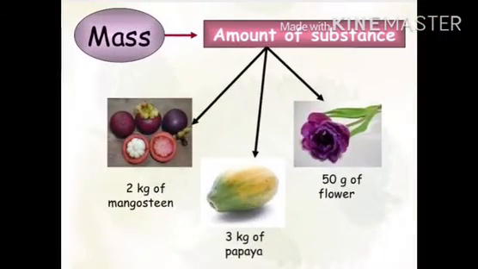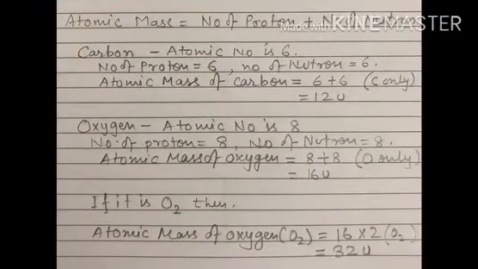Basically, mass is the amount of substance present in a specific element. Let us discuss molecular mass. Before that, first we find out how to calculate the atomic mass of an element.